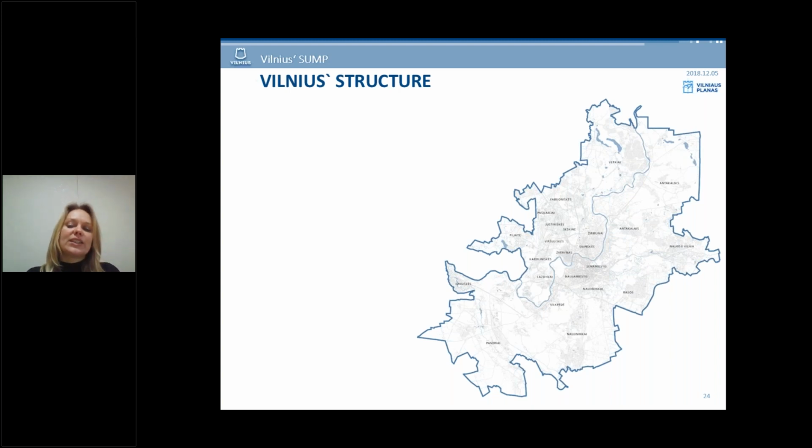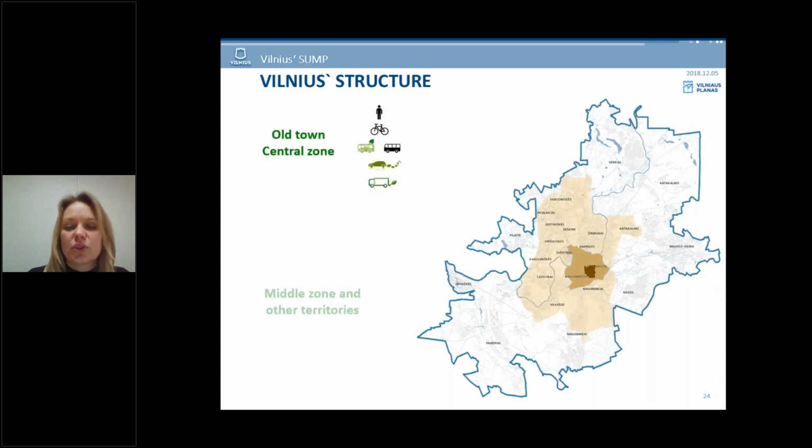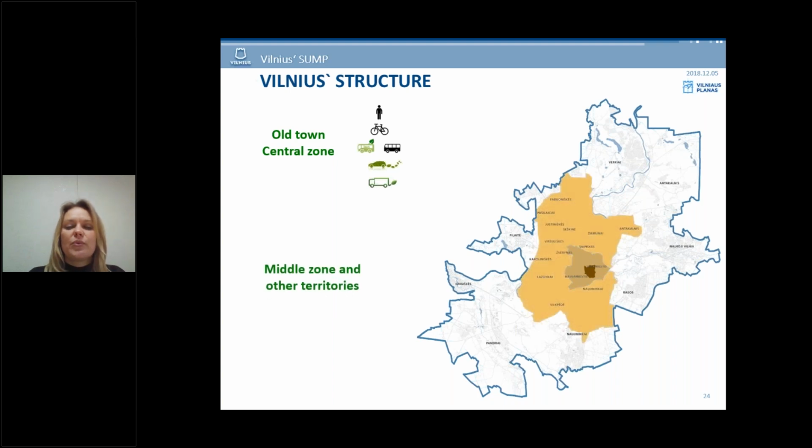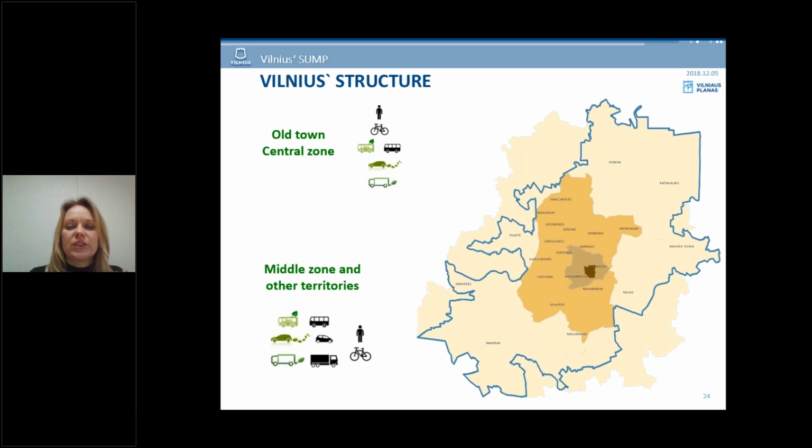Okay, so as I said, in Vilnius we didn't look at a set of different topics. First of all, we took a look at the Vilnius structure and, having in mind those zones which are already presented, we drew the priorities and criteria for each zone.